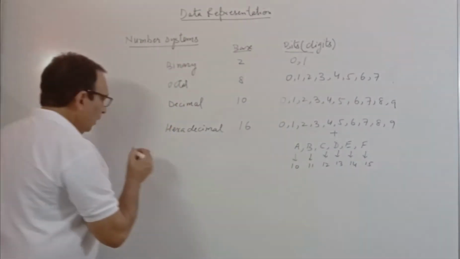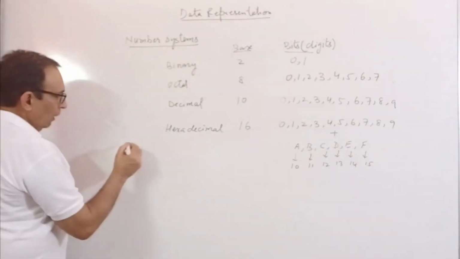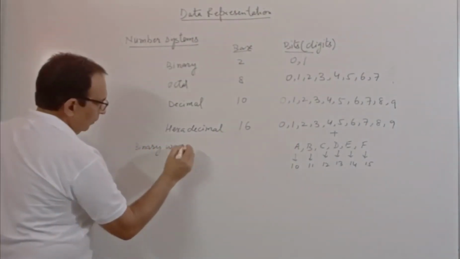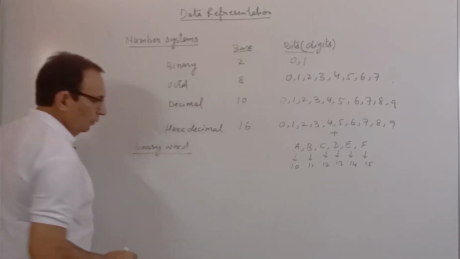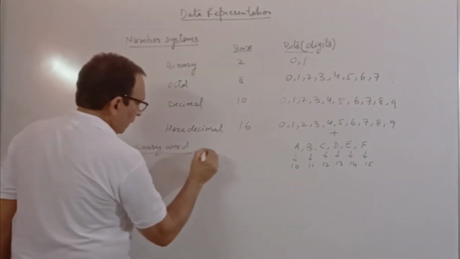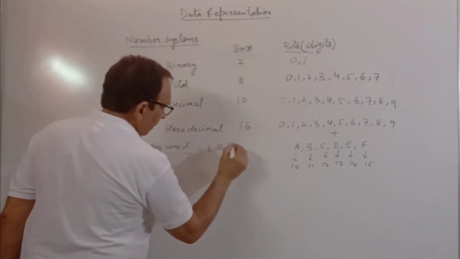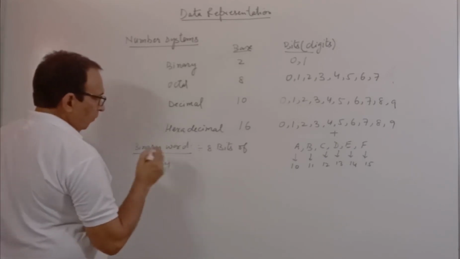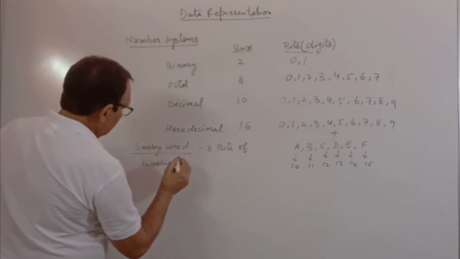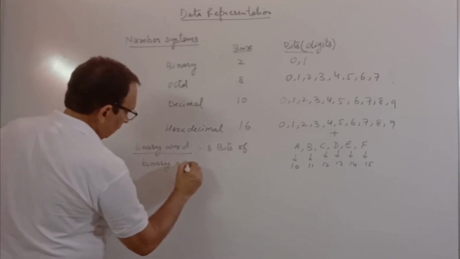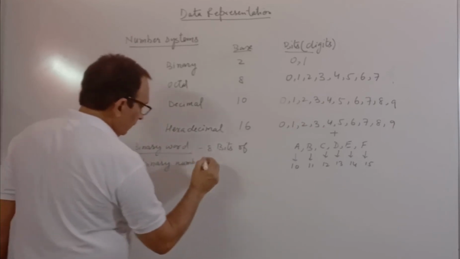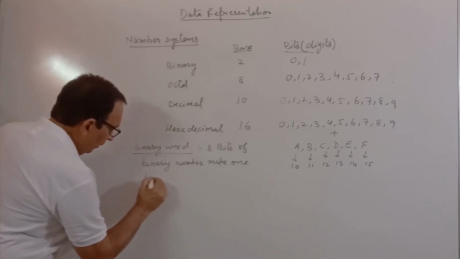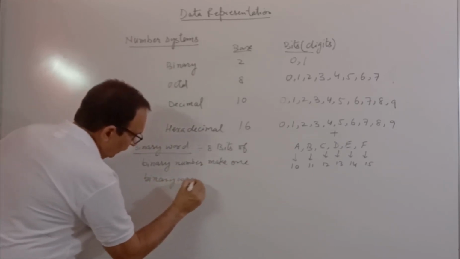Now we are going to discuss the binary word. Eight bits of a binary number make one binary word.